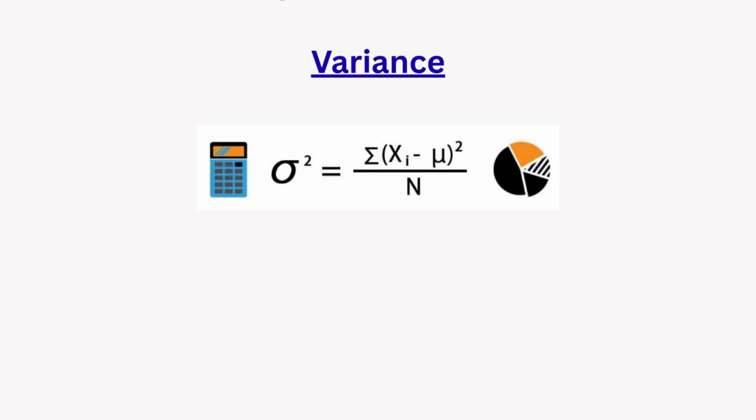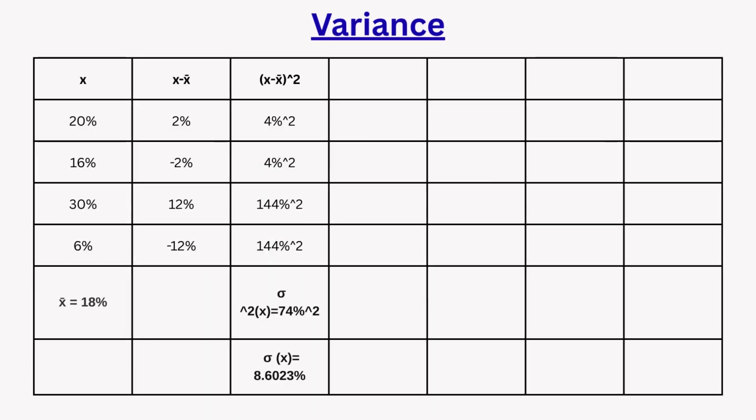Now, variance is the deviation from expected returns. For that, we will find the returns less expected returns, and we will square the whole. And for that, the x minus x bar will be 2 minus 2, 12, and minus 12, right?